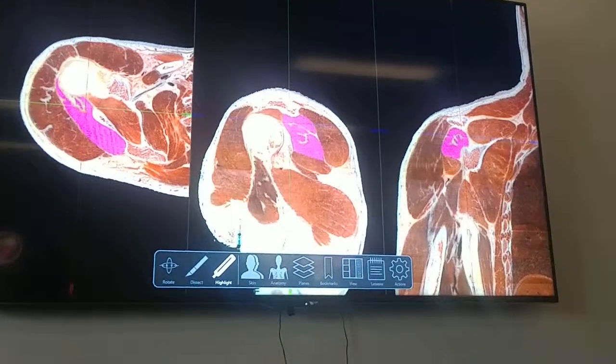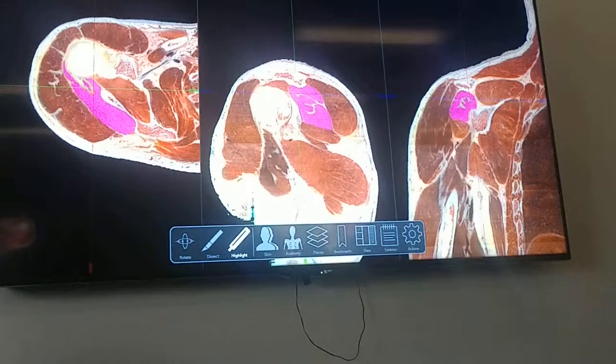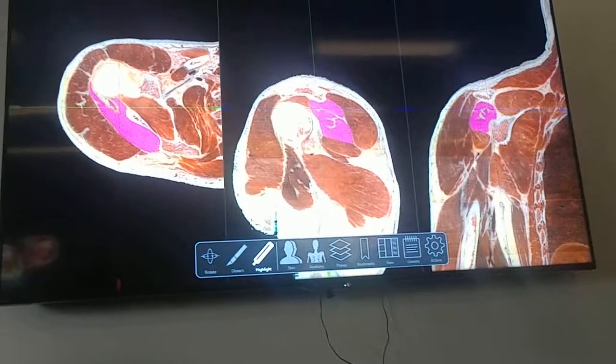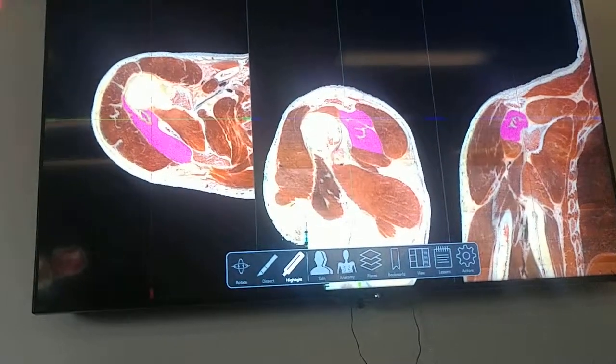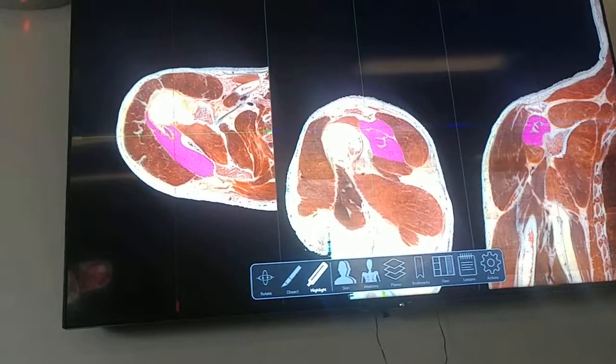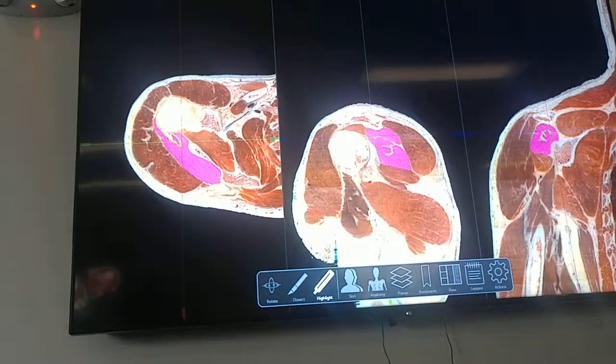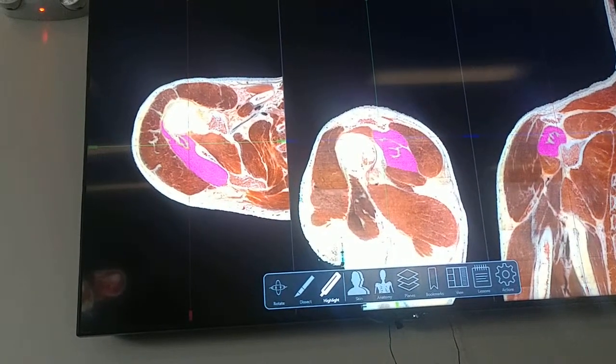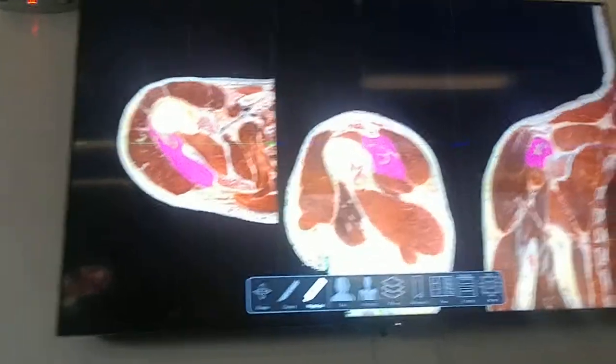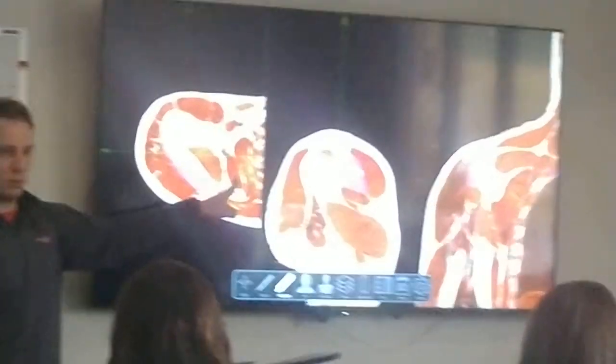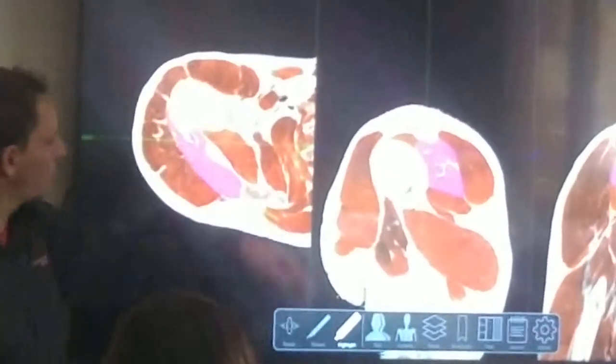But definitely orient yourself in the axial plane on this one. You see the spine, that's your spine. Scapula here, right? Above would be the humerus. Supraspinatus. This one here is my Teres minor.